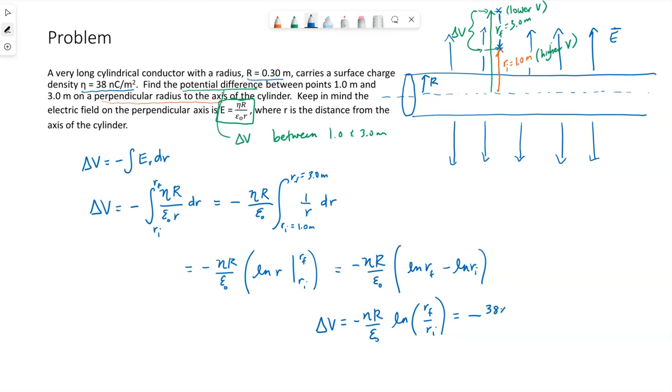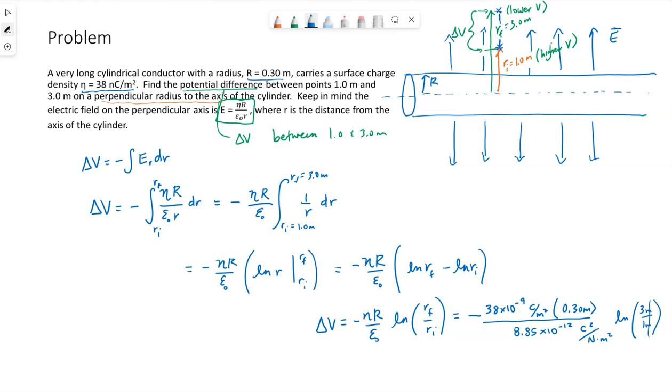So 38 nano, 10 to the negative 9, coulombs per meter squared. Capital R is the radius of the actual conductor. Epsilon naught are 8.85 times 10 to the negative 12. Let's see, our units are coulombs squared over Newton meter squared. Natural log of 3 meters over 1 meter. So the units in here cancel.